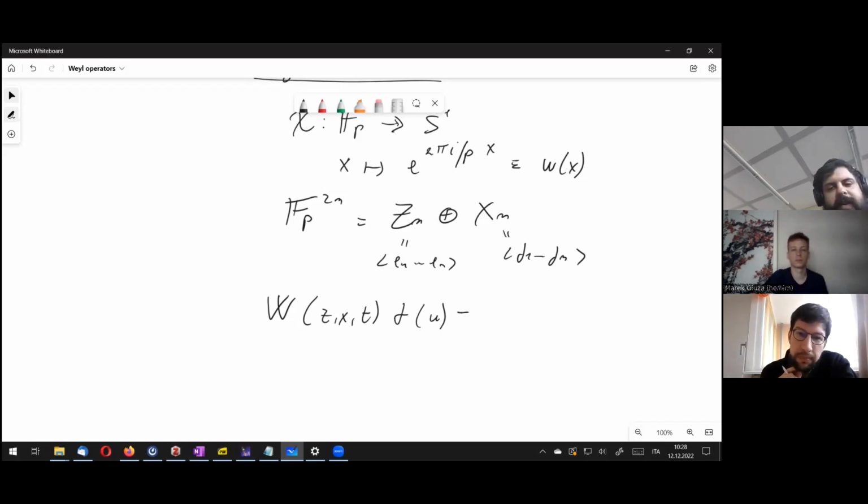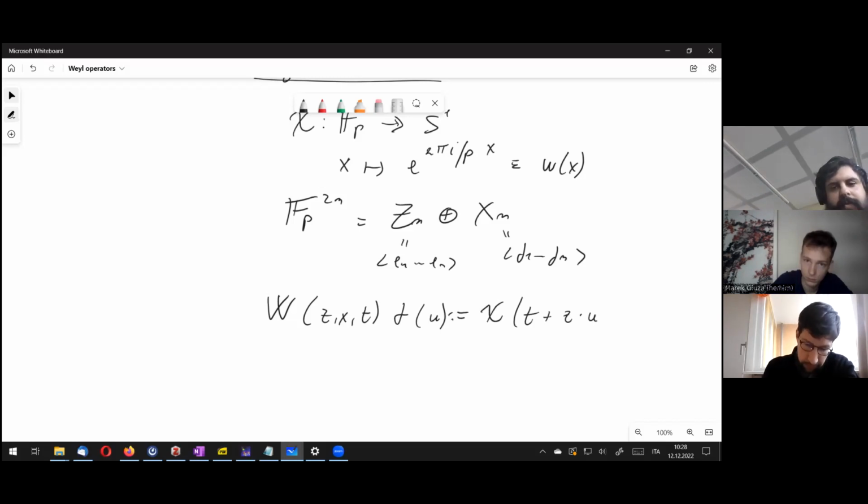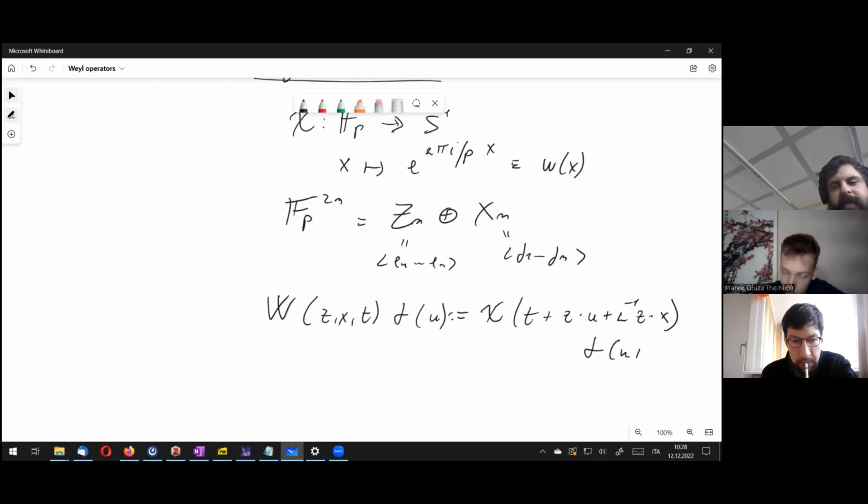And this is defined as chi of t plus z dot q plus 2 to the minus 1 z dot x, and then it's acting on f of u plus x.